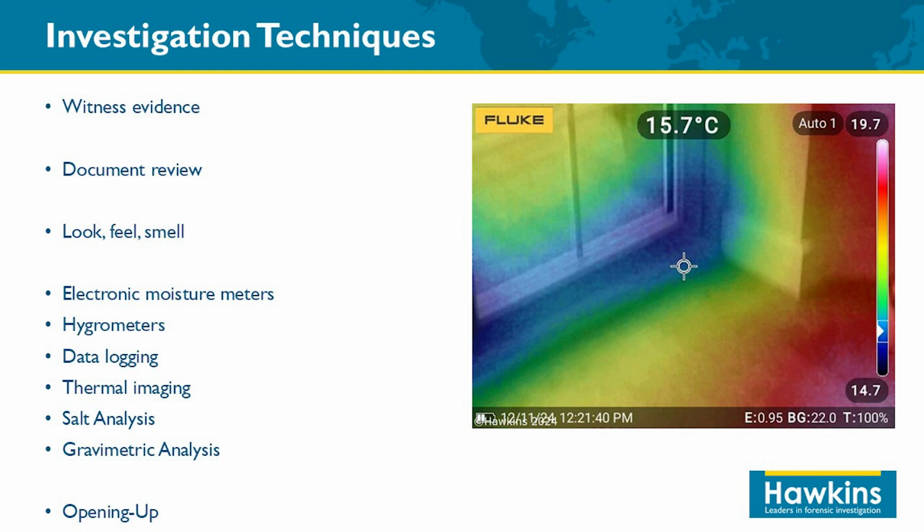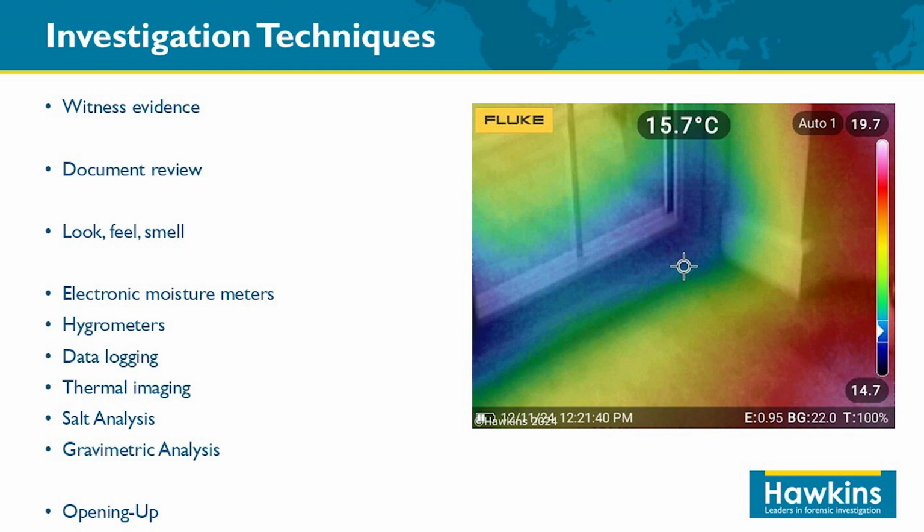A different type of hygrometer is one of these, a floor hygrometer. This is for looking at whether concrete floors are damp. What I do is stick it to the floor and just leave it for 24 hours, and there's a little pocket of air in this, which over 24 hours, any moisture in the floor will basically seep up and equalise with this space, and you can then measure it.